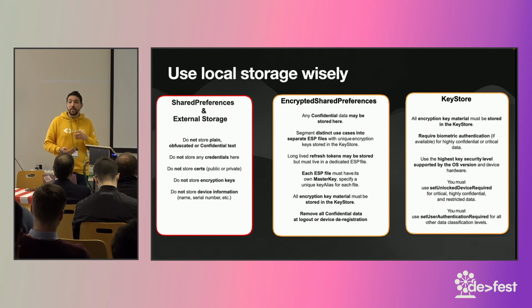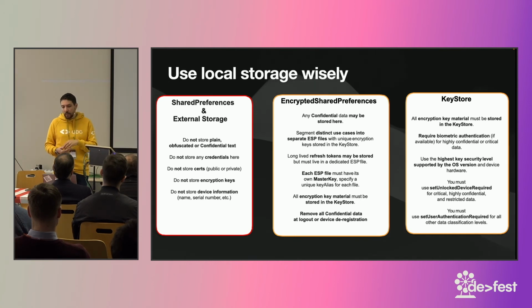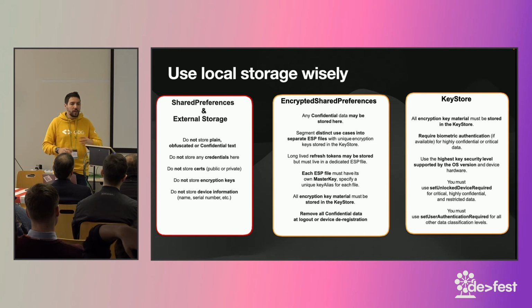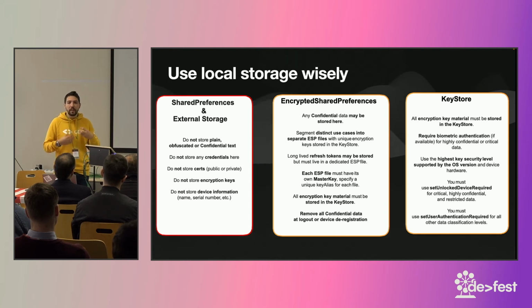And then, of course, there's the keystore. The keystore is provided by the Android operating system, and it is pretty much the place where we can store all of our encryption keys. Encryption keys are one of the most important parts of any encryption algorithm. Even the strongest encryption algorithm is completely useless if the encryption key is found. So the keystore is provided by the Android operating system.